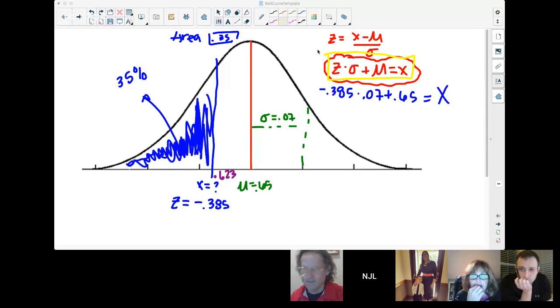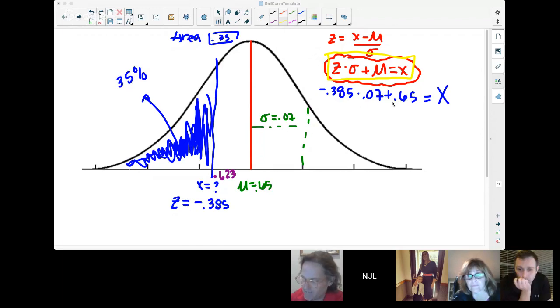So if you look at that, we had the z-score, negative 0.385, and the standard deviation. So we multiply that by the standard deviation, which is 0.07, and then we add the mean, and that gives you X. Okay, I got it. I was just thrown off because I was using the formula from the textbook.